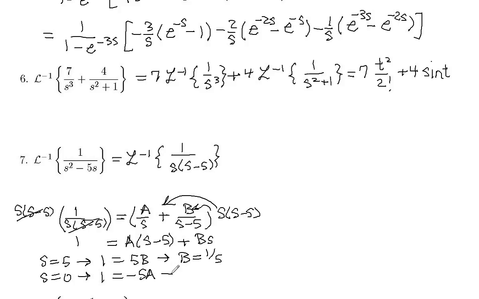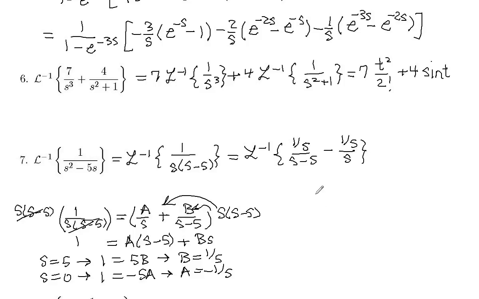And 0 times b there, that drops out. So that means a is going to be negative 1/5. So the negative 1/5 is over the s. So that means that we can break this up as inverse transform. The positive 1/5 goes over the s minus 5. So this will be 1/5 over s minus 5 minus 1/5 over s.